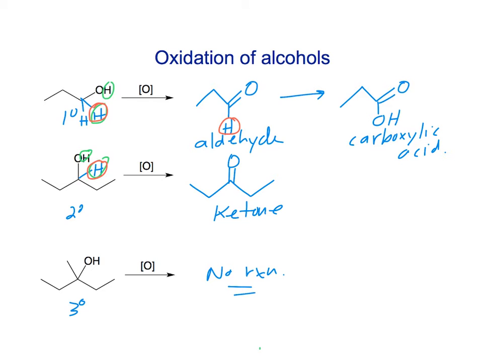It can oxidize again. Secondary alcohols have one hydrogen there. They can go to a ketone. The ketone has no hydrogen on this carbon, so it doesn't get oxidized further. The tertiary alcohol has no hydrogen at this position, so there's no oxidation reaction.